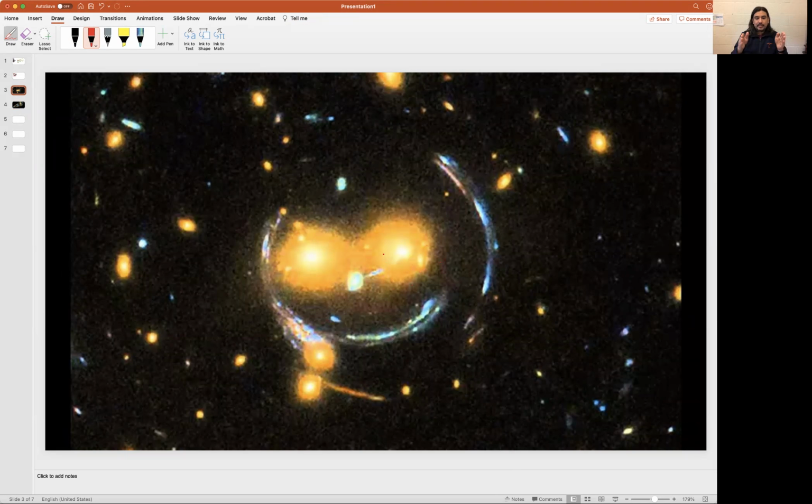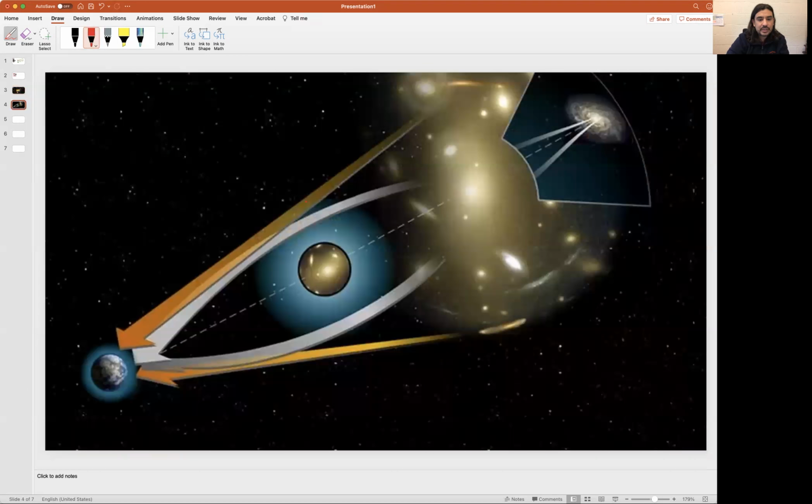The light, as it travels towards us, was traveling in this direction, the heavy object bent it this way, and now the light is going in that direction back to us, and we see it as two images. So this is one of the effects of relativity predicted by Einstein in 1912. Questions?